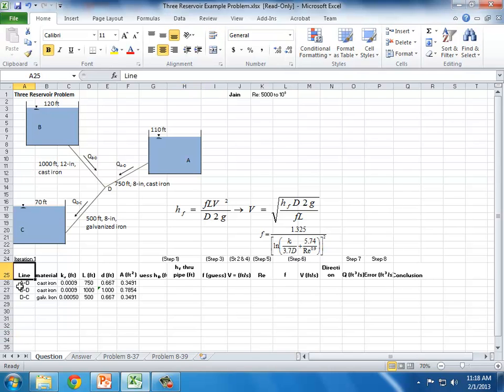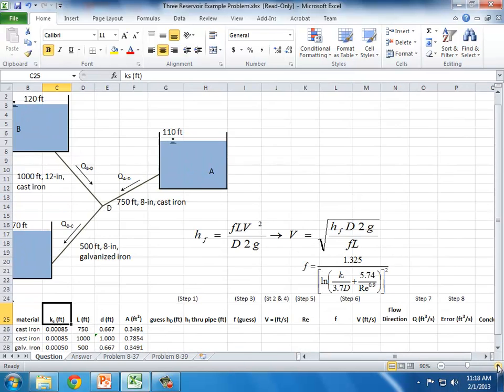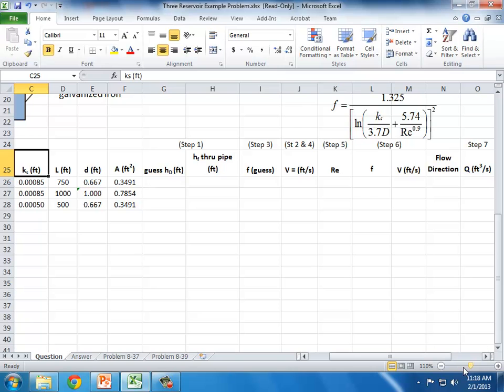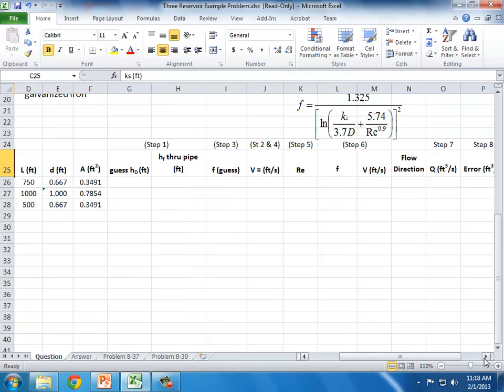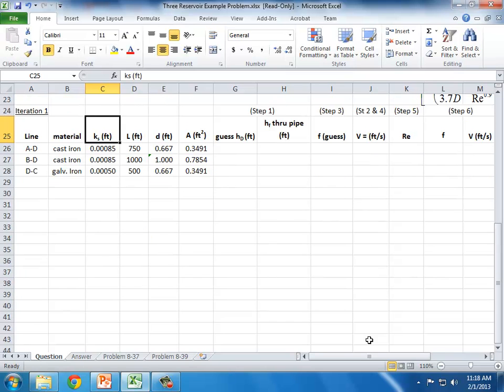One is going to be naming the line, then material, then the K sub S. Let me make these column names a little bit bigger for you. I've got some equations in mine that you don't necessarily have to type in; I pasted them just for convenience when setting up. But create columns that look like this.